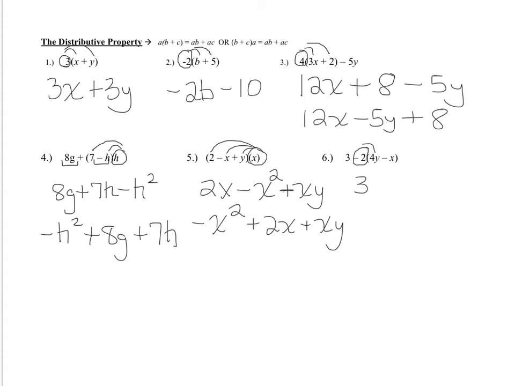And then I distribute -2, and I do -2 times 4y is -8y, and then -2 times not just x, negative x is positive 2x. So you write plus 2x. So you really have to pay attention to the signs. And so now I'm going to rearrange it so that it's in order, so that it says 2x minus 8y plus 3.